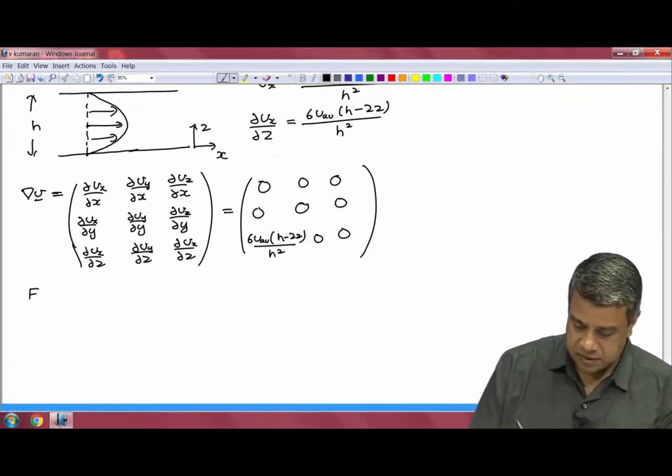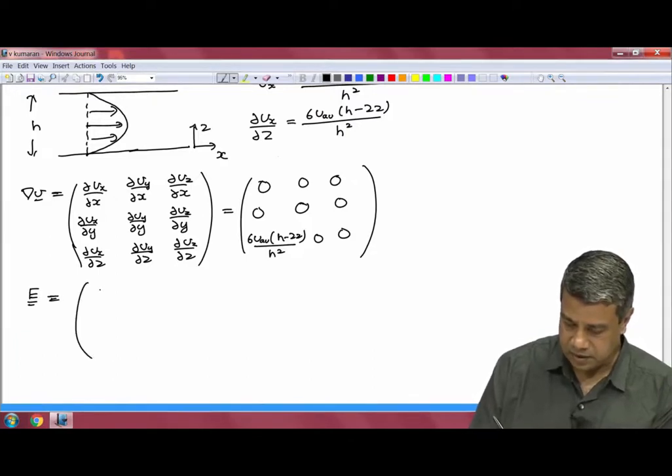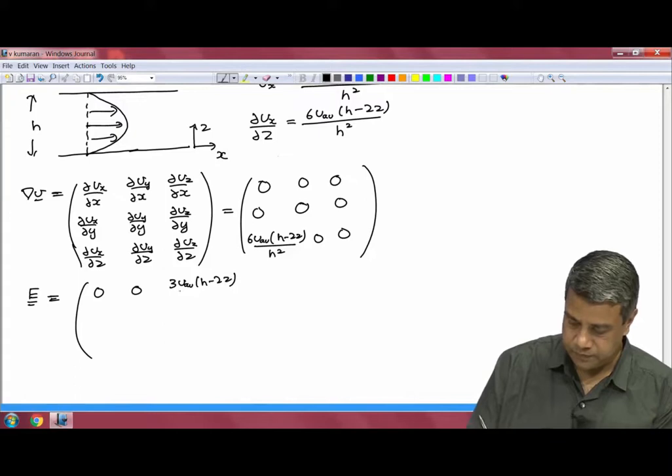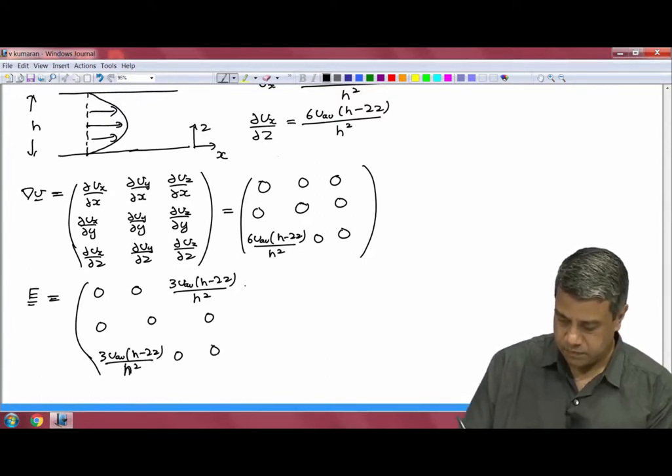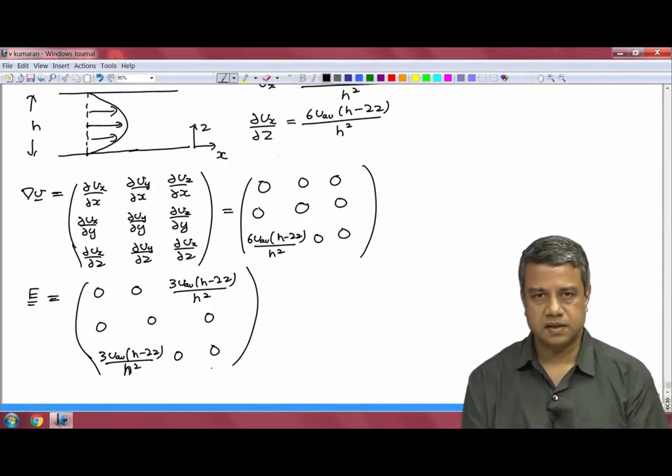Therefore, the symmetric traceless part is going to be equal to the following.